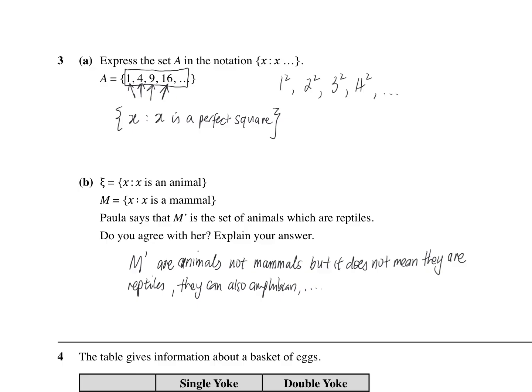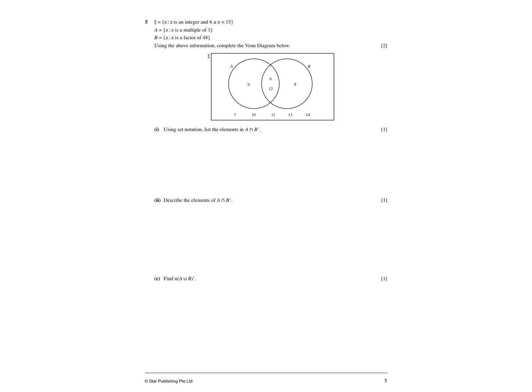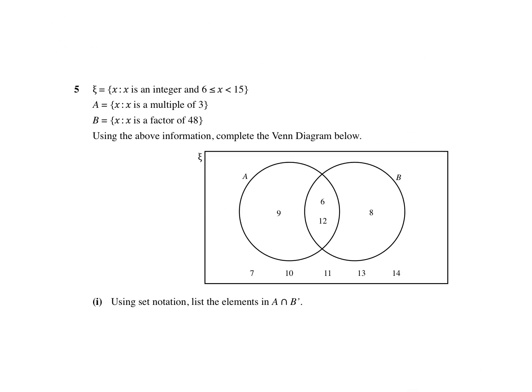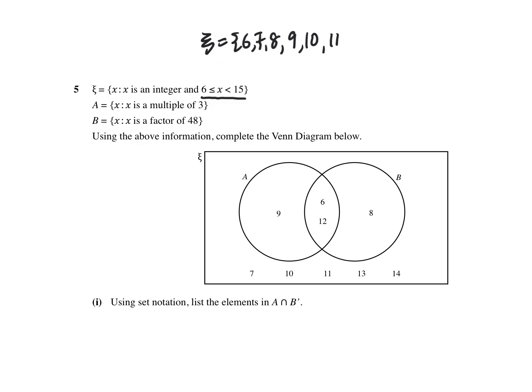Okay, move on. I want to do this kind. Yes. So here, my universal set contains integers that are more than or equal to 6, but strictly less than 15. So in my universal set, I have 6, 7, 8, 9, 10, 11, 12, 13, 14. No 15 because it's strictly less than 15.